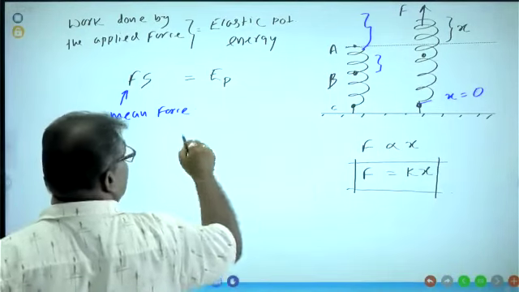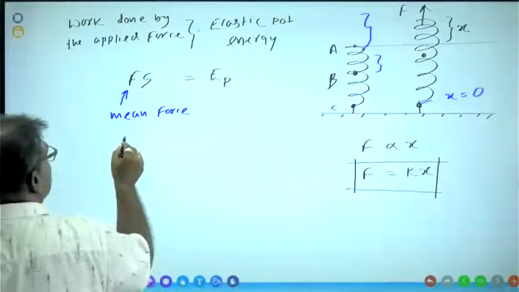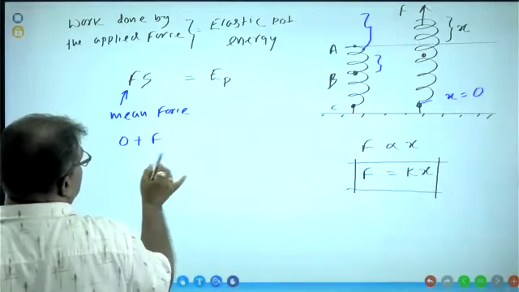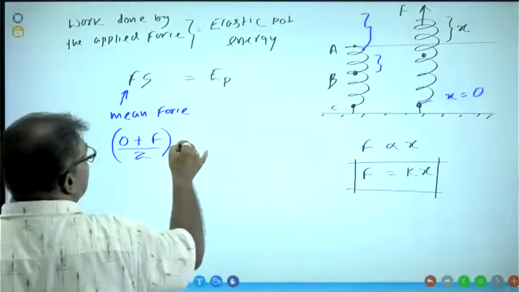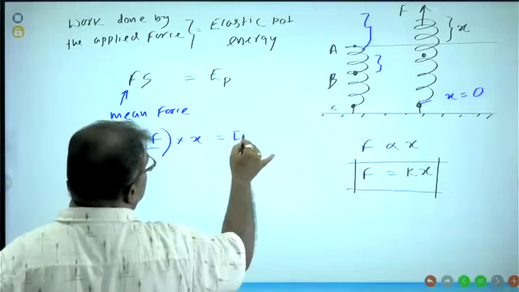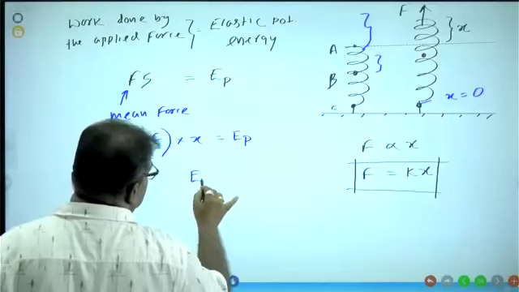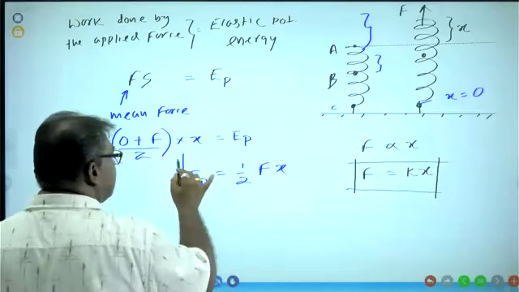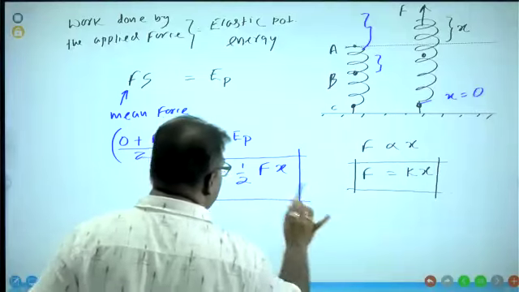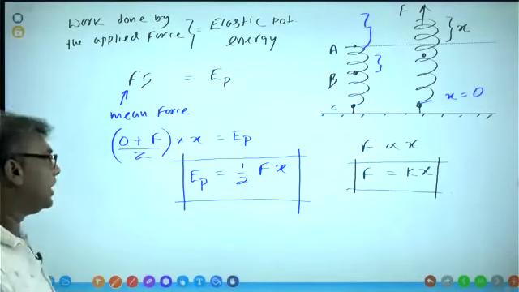The mean force is initial force 0 and final force F, divided by 2, multiplied by the extension, which gives the elastic potential energy. EP becomes half Fx, the standard equation. Next, F is replaced by using kx.